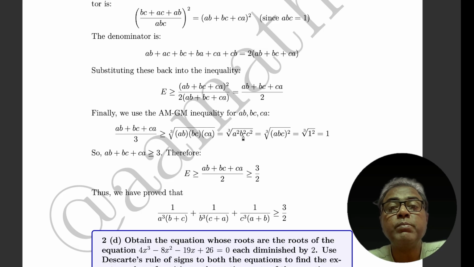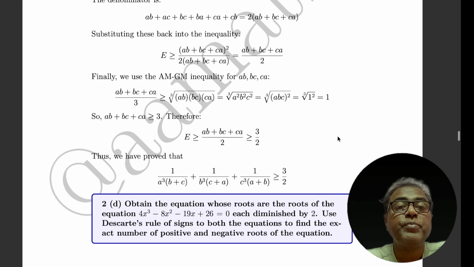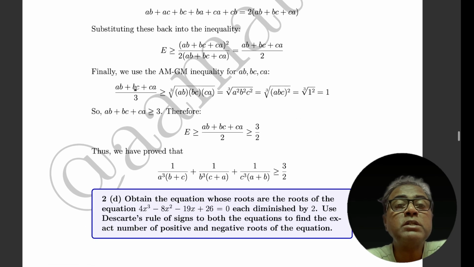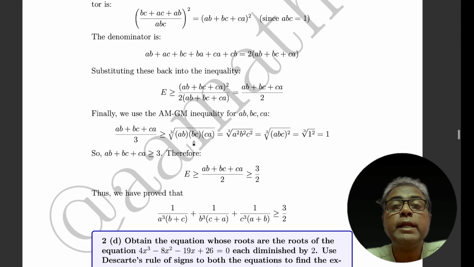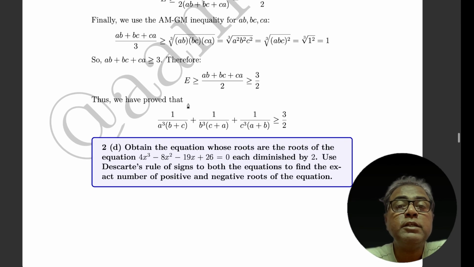So this is equal to (a square b square c square) to the power 1/3, and abc equal to 1, so this is equal to 1. So ab plus bc plus ca is greater than or equal to 3, because this is greater than or equal to 1. So we get this is greater than or equal to 3 by 2. So this expression E is greater than or equal to 3 by 2.